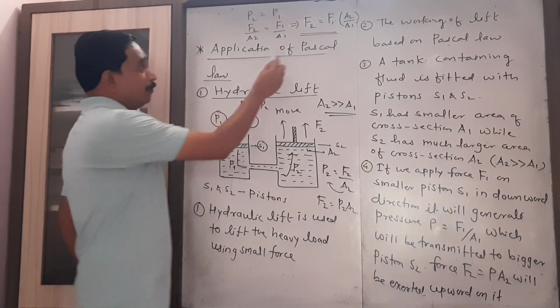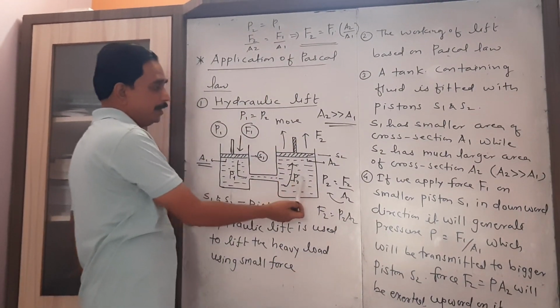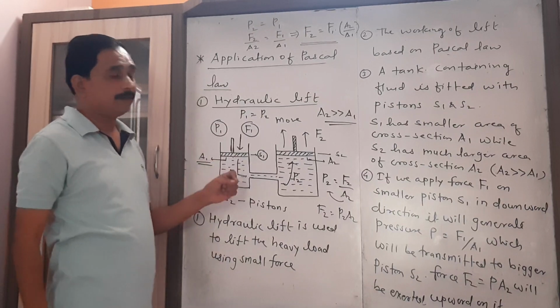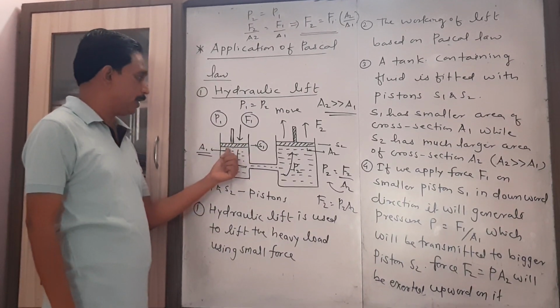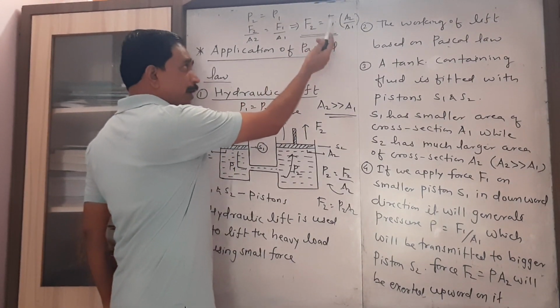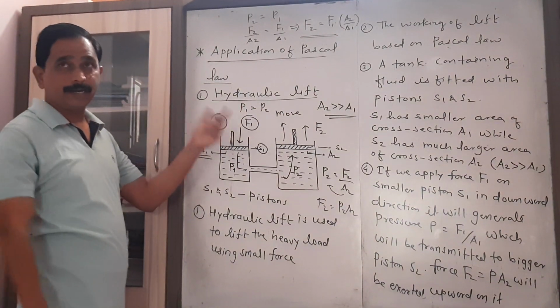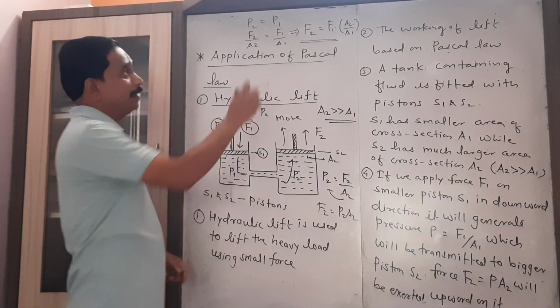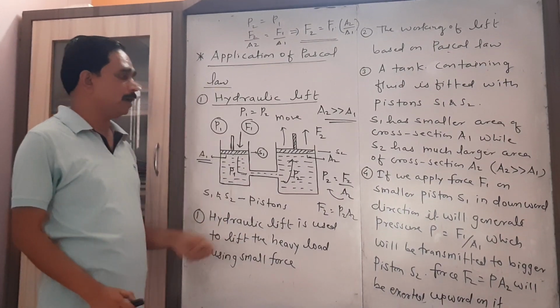It means the force created at the piston of the second cylinder is greater than the force applied here, because F2 equals F1 into A2 by A1. Now A2 by A1 must be greater than 1 because A2 is very much greater. So this is how the hydraulic lift works.